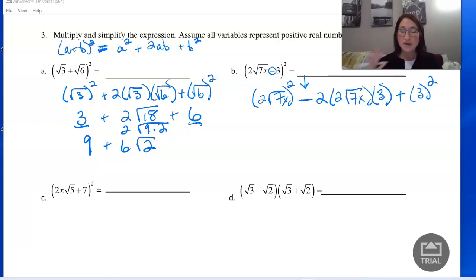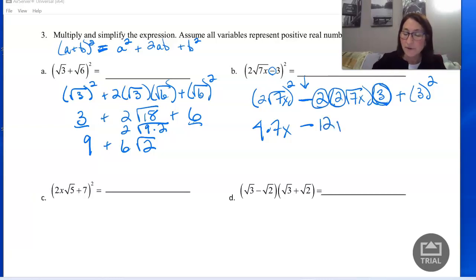Okay, so now let's simplify this. This is going to be 2 squared, which is 4, and then the square root of 7x squared is 7x, minus 2 times 2, which is 4, times 3, which is 12. So it'd be 12 square root of 7x plus 9.